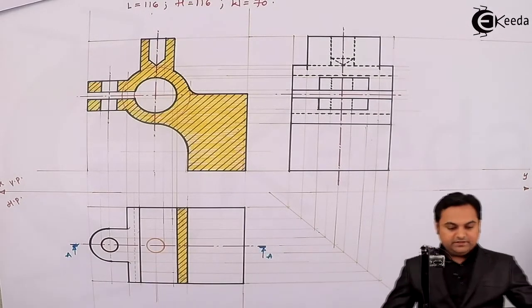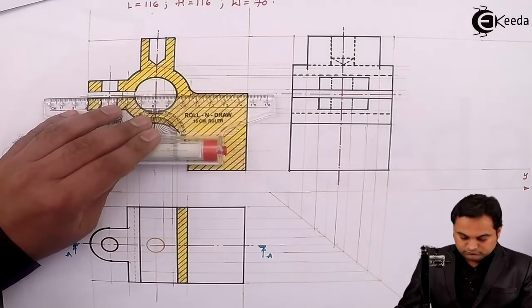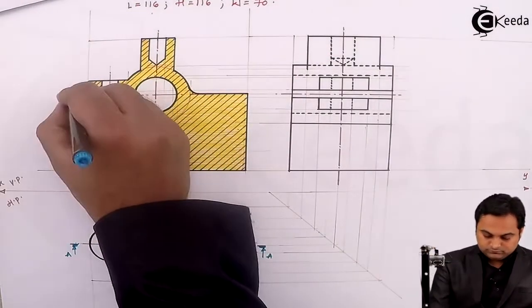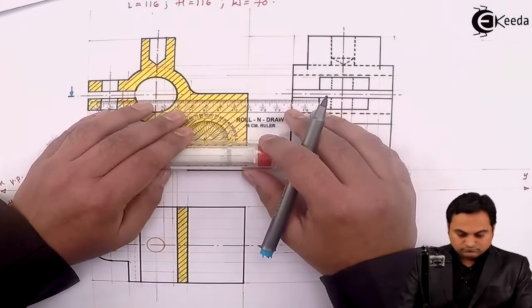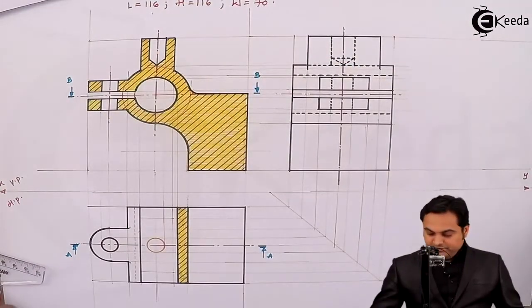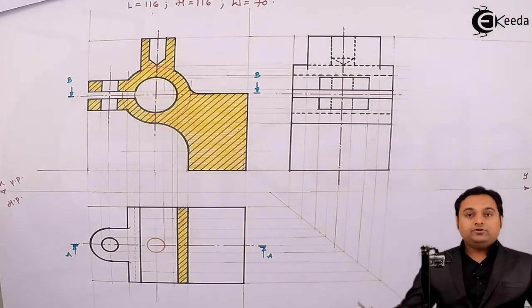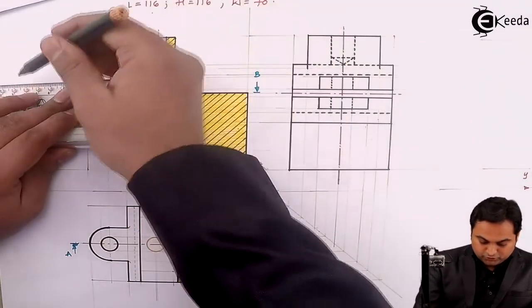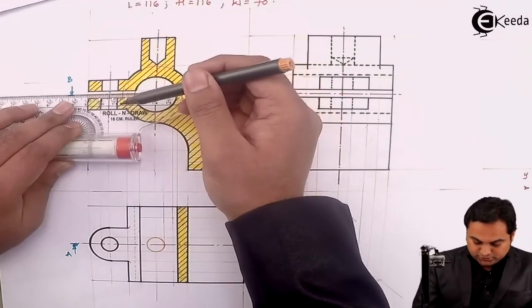This is section plane AA. Section plane BB. Then finally I am going to give the dimensions here, and this problem was of scale 2:1.